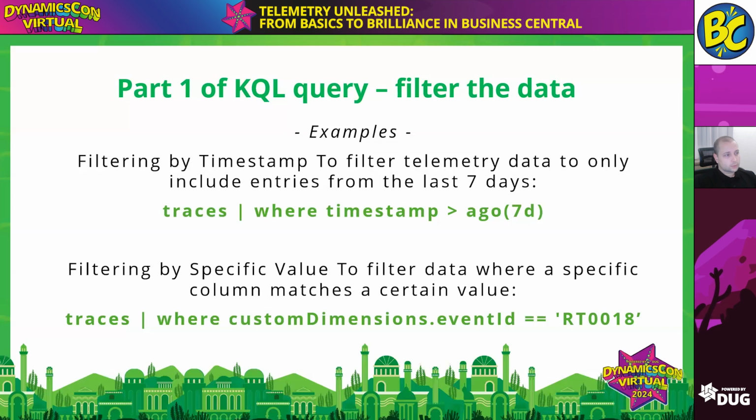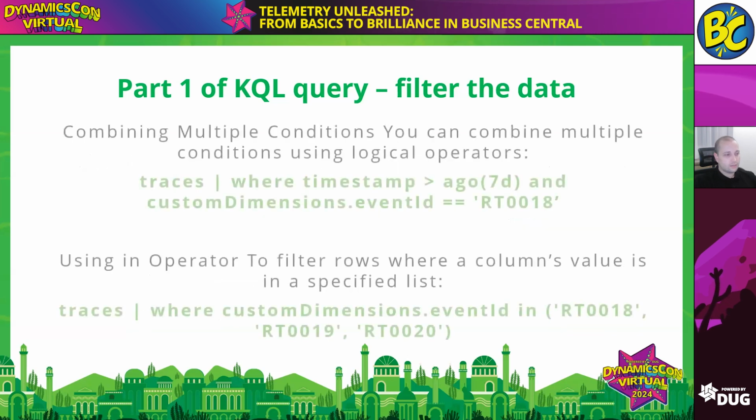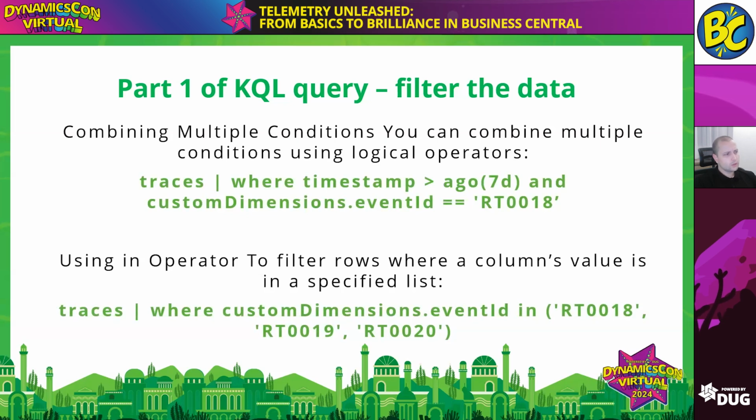So some examples will be filtering by timestamp to filter telemetry data to only include entries from, for example, the last 7 days, then filtering by specific value, as we mentioned earlier, so to filter by some specific event ID. You can also combine multiple conditions into one where statement by using the AND operator.